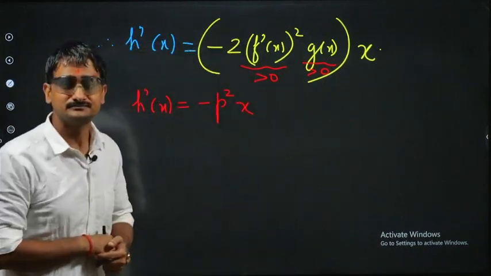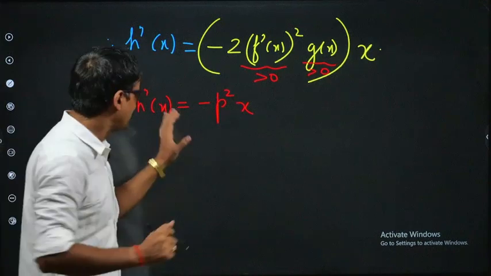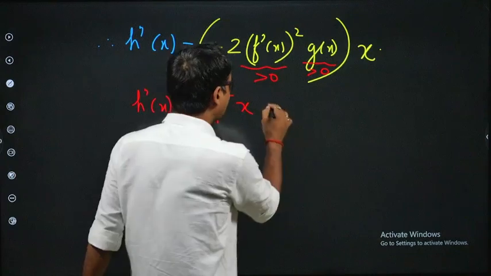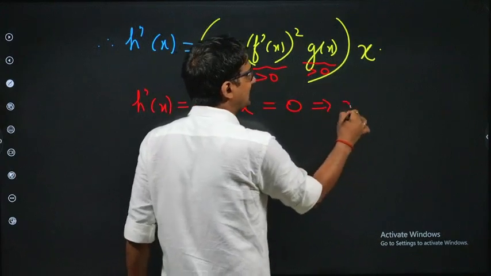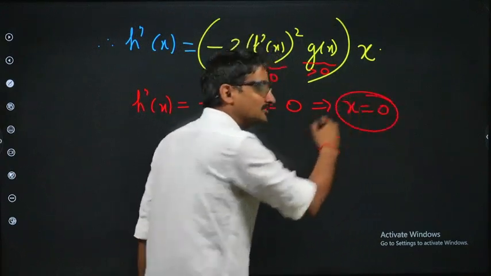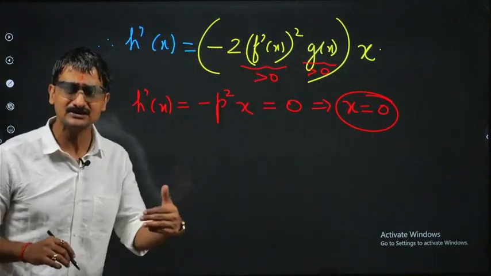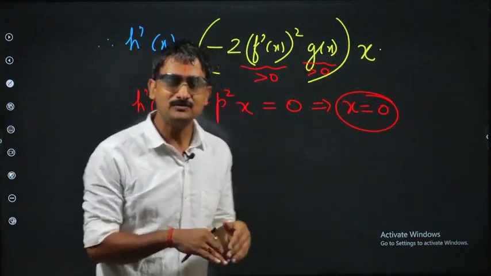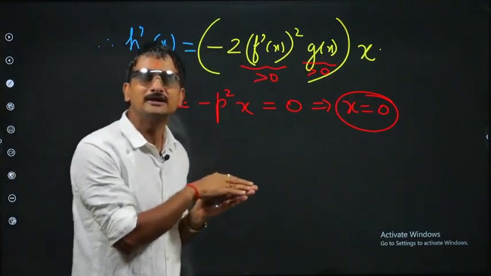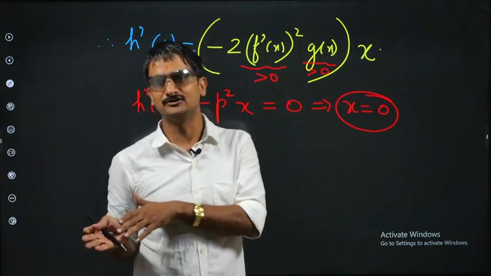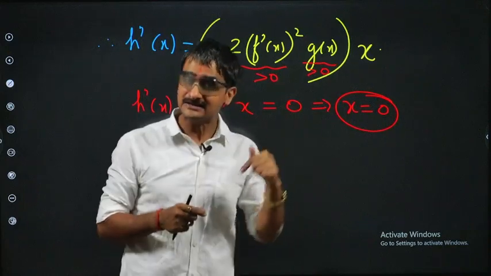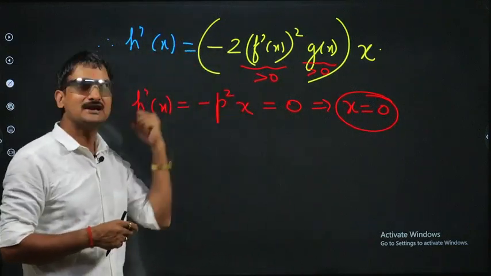Now for maxima, if you have h'(x), we need to check its sign about the point at which it's 0, so this is 0 at x is equal to 0. How does the sign of h'(x) change when we move from the left side of 0 to the right side of 0? When you are on the left side of 0, that means x is less than 0, of course h'(x) is positive.